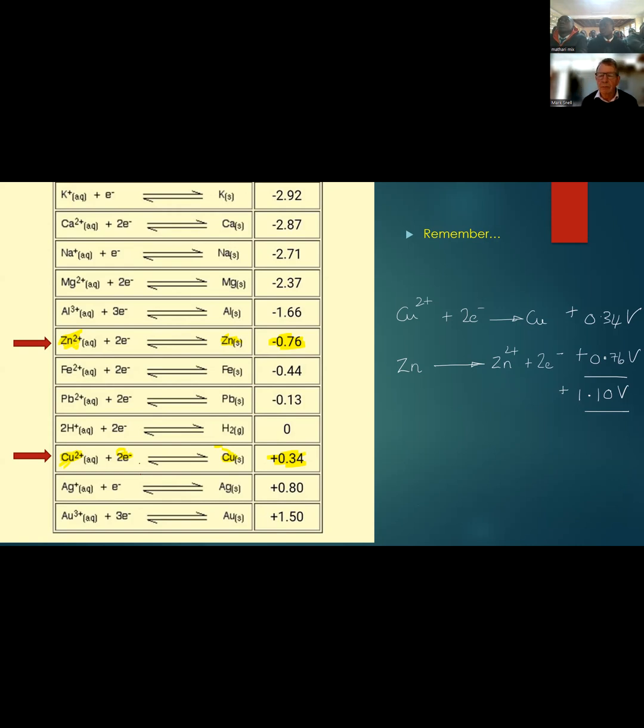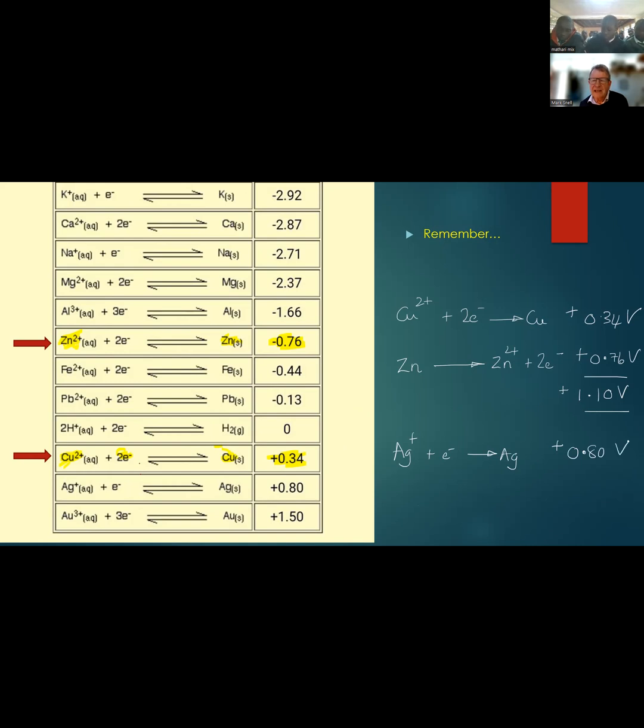Let's look at another one. Let's look at zinc and silver. Find silver, it's a little bit further down. The most positive one is the silver. So the silver goes in the direction it is written, and its value stays as positive 0.80 volts.